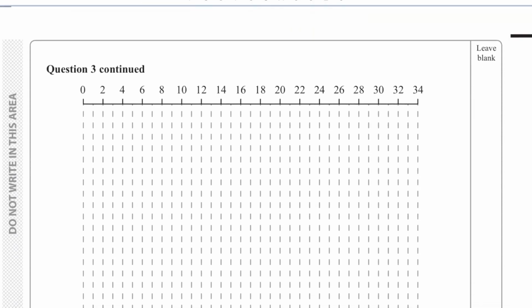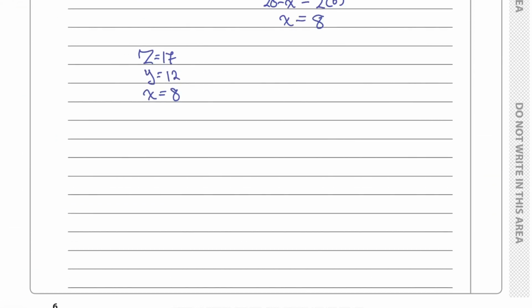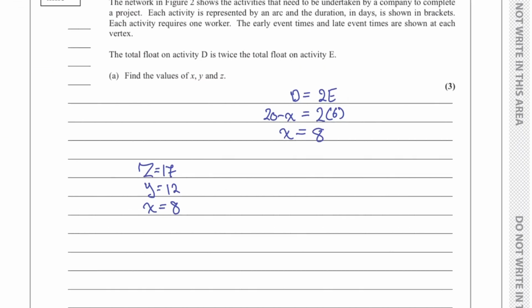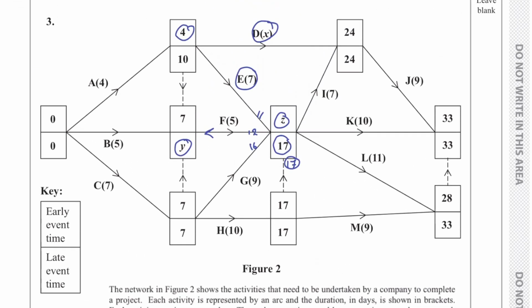Now part B asks us to draw a Gantt diagram for this. We can start by identifying the critical activities in this diagram. So 33 minus 9 minus 0 minus 24.